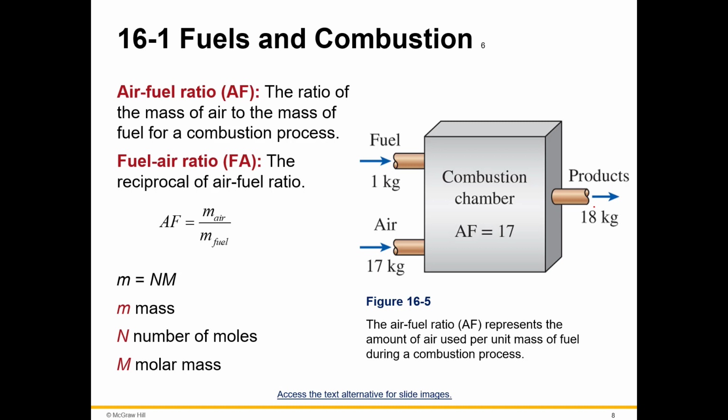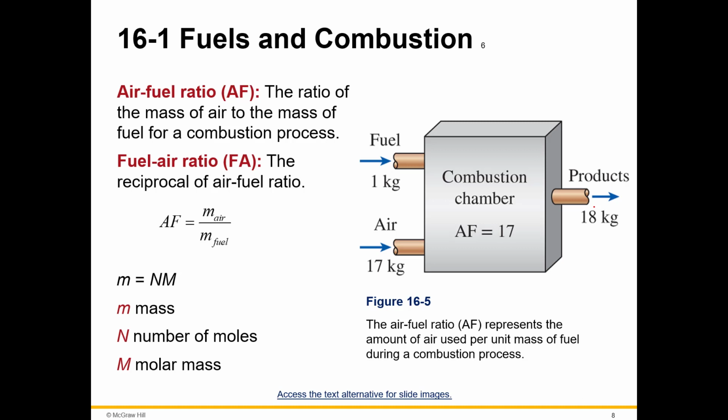Okay, and then here is the combustion chamber again with 1 kilogram of fuel going in and 17 of air, which happens to make the air-fuel ratio 17, and then the product is 18. Okay, and then the air-fuel ratio represents the amount of air per unit mass of fuel during the combustion process.